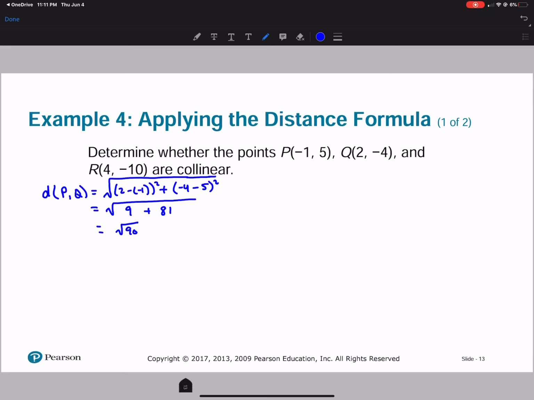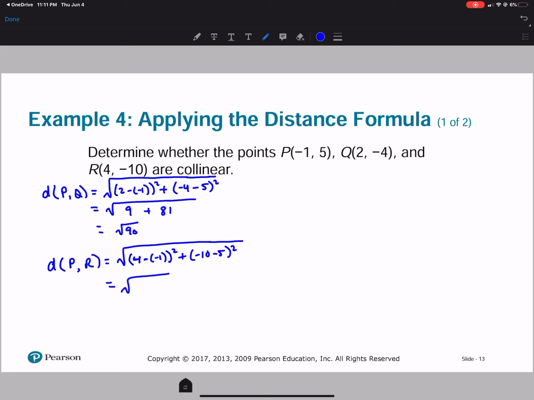All right. Now, let's find the distance from P to R. So we have the square root of negative 4 minus a negative 1 squared, plus we have negative 10 minus 5 squared.